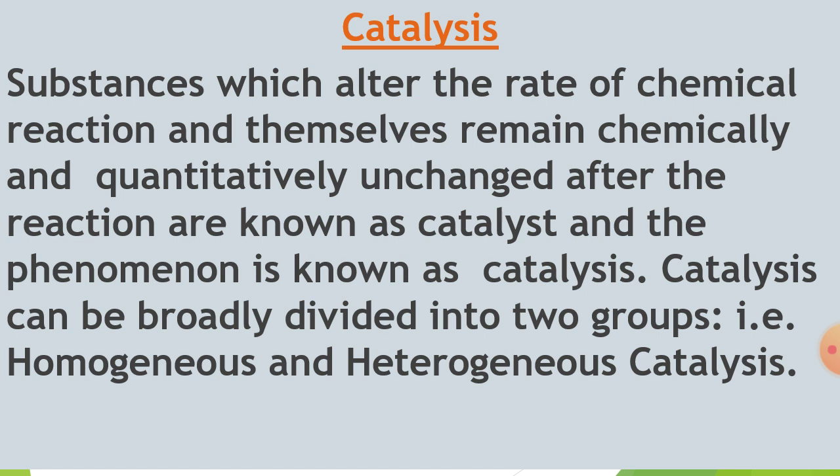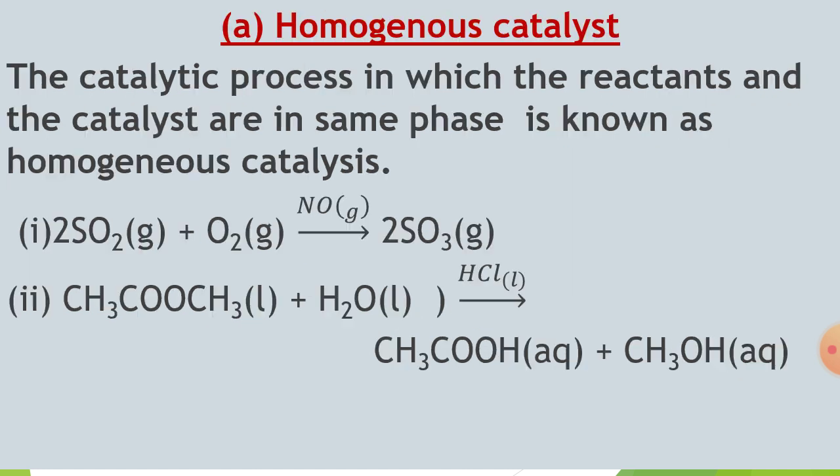So this is the definition of catalysis. Now catalysis can be broadly divided into two groups, that is homogeneous and heterogeneous catalysis. About this I have told you in this lecture and also in the previous lecture. Now let us focus in detail on homogeneous catalysis.